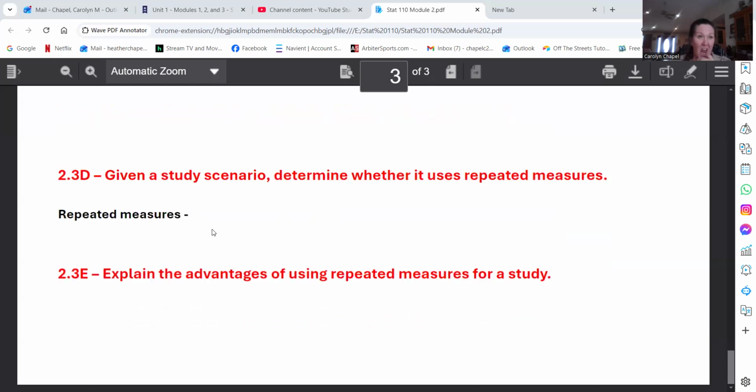Repeated measures is when we want to do this test more than once because we want to make sure that the results we get aren't a fluke. A lot of times they will do a study and then do it again on a different group of people. Or maybe they'll do it on the same group of people, but repeating it, because I want to make sure that those results are going to happen for sure.